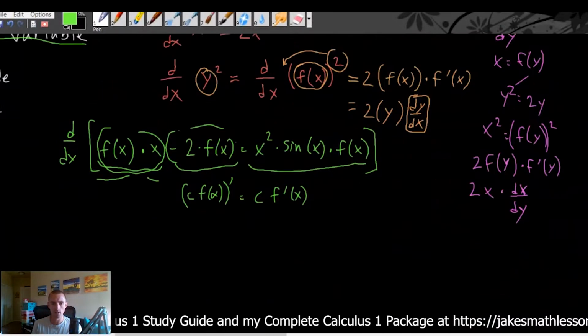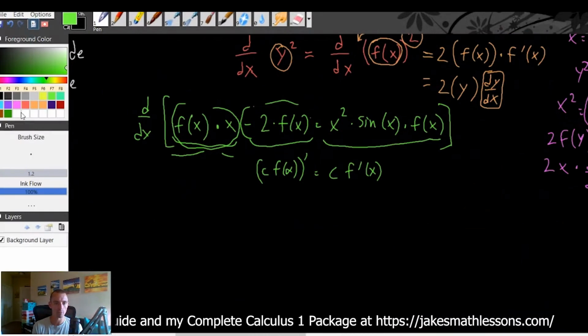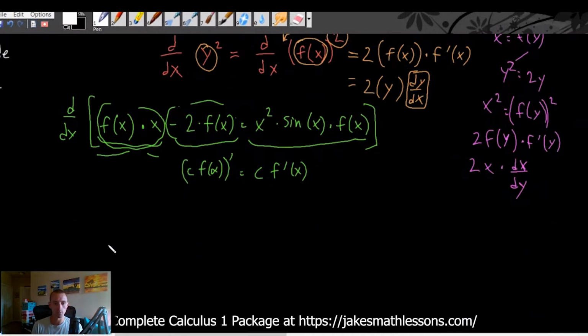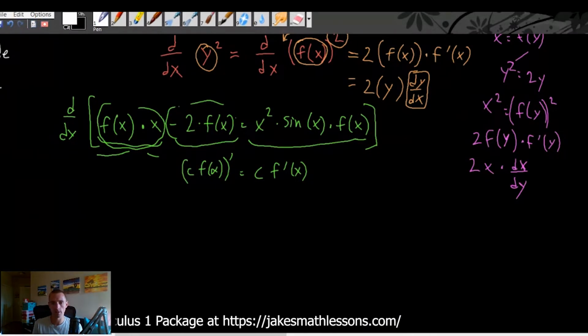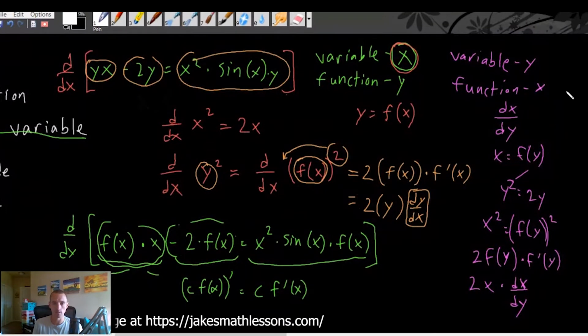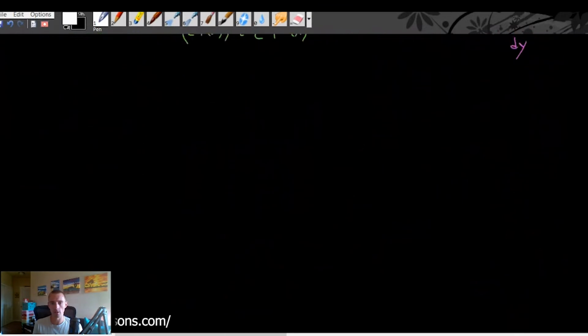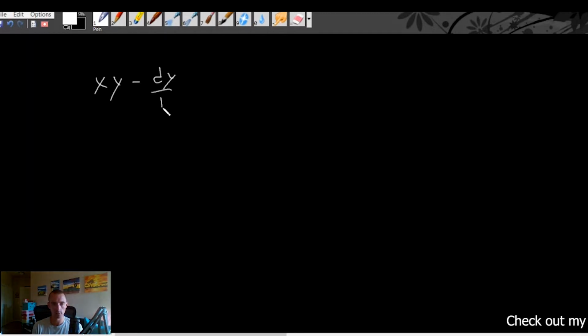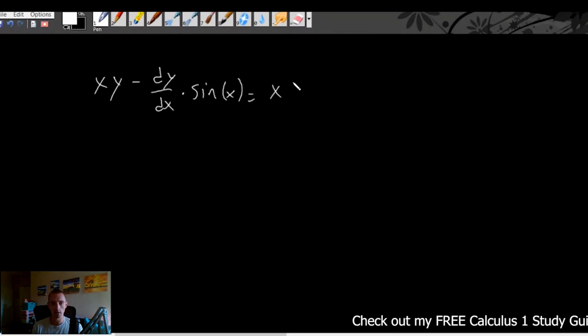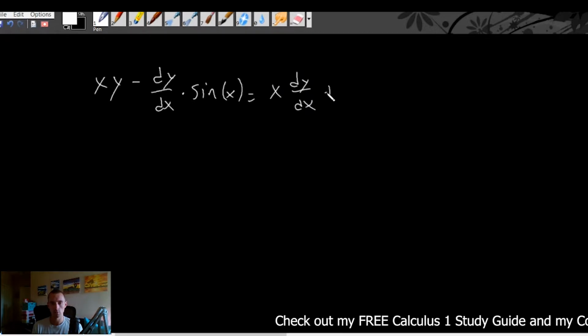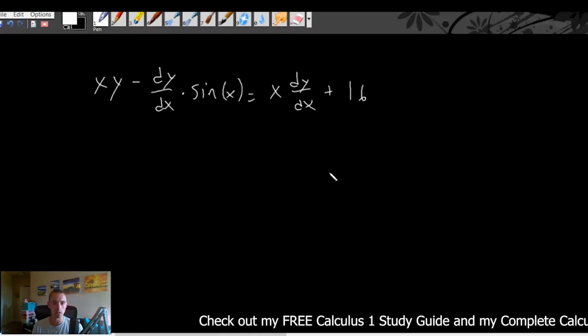What I mean is, let's say after taking the derivative of both sides with respect to x, I end up with something like, and this is not the same as the equation we had up here, this is not necessarily what this would lead to, I'm just creating a new example out of thin air to prove a point about this step. Let's say we have something like x y minus dy dx times sine of x equals x dy dx plus 16.